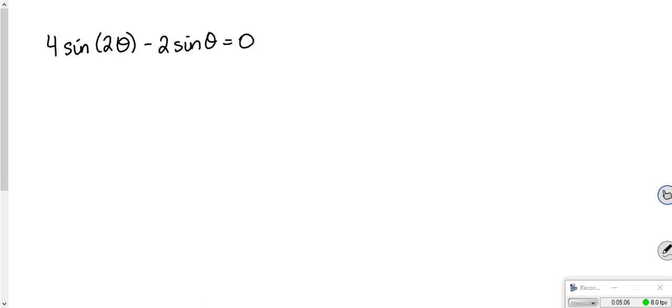So I'm actually going to use one of our double angle formulas. If you remember, one of our formulas, I'll put it over here, was that sine of 2x equals 2 times sine x cosine x. That's one of the formulas on the Trig cheat sheet or in your PowerPoint for this section.